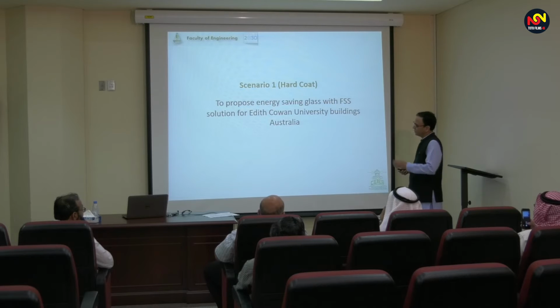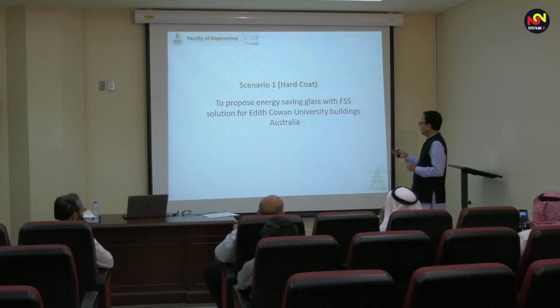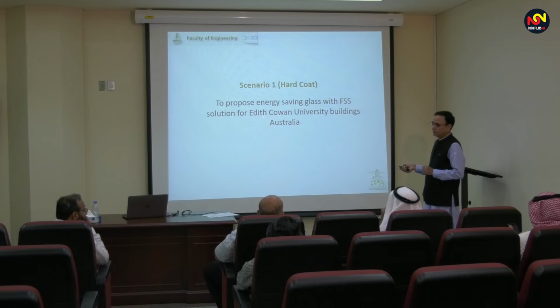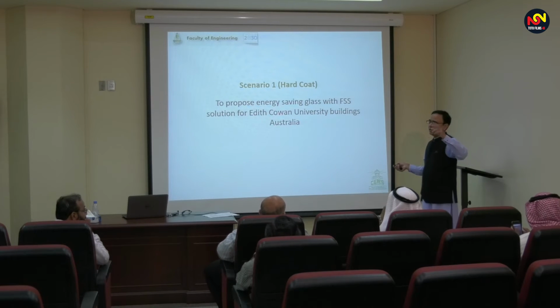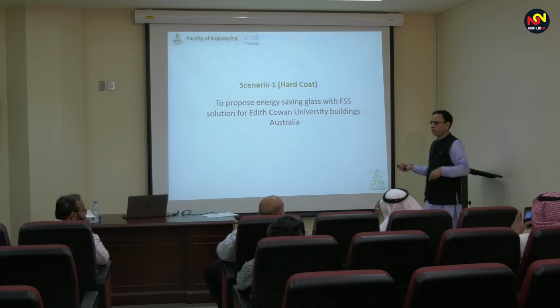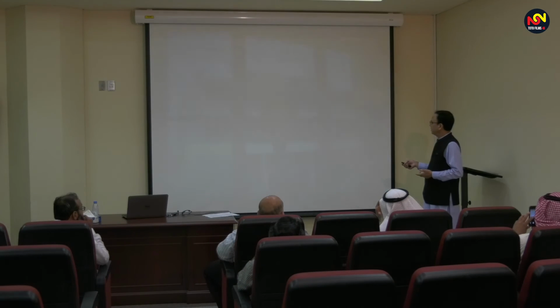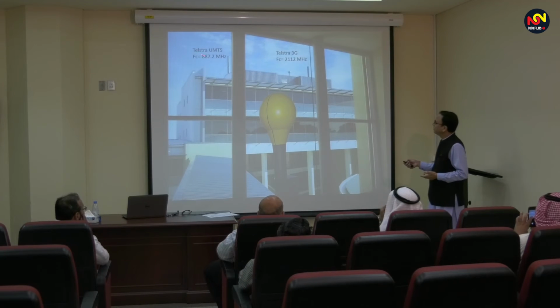This is one of the scenarios. Scenario number 1. This is a hard coat. This was one of my students at Edith Cowan University in Australia. They have a building, and they had 2 mobile phone towers, Telstra, and you can see here one is from Telstra using UMTS, and the other was Telstra 3G, with these 2 frequencies. You can see these 2 towers here.